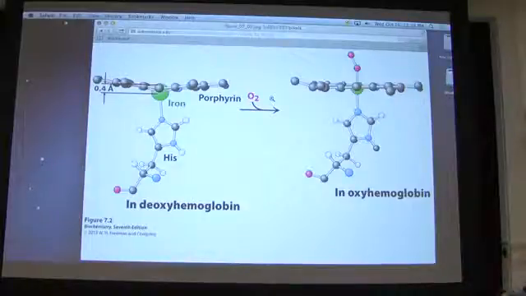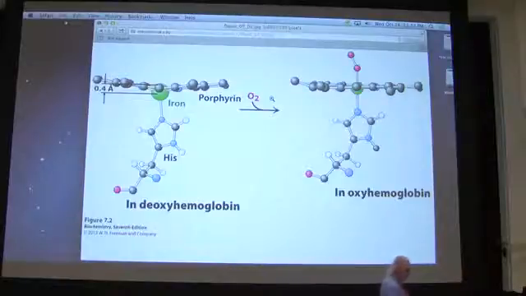Okay? And when we look at it edge on, we discover that the iron is not just floating there. It's actually attached to one of the amino acids of the protein, whether it's the alpha subunit, the beta subunit, or the myoglobin. They're all the same. Okay? It's attached to the side chain of a histidine. All right? You with me?